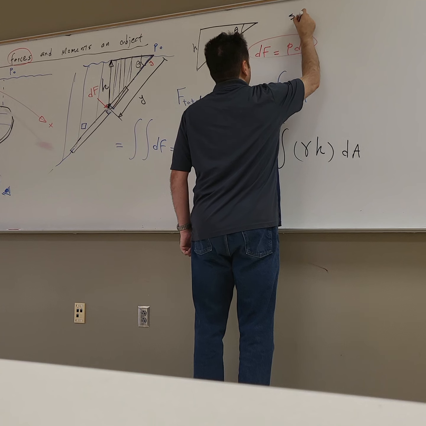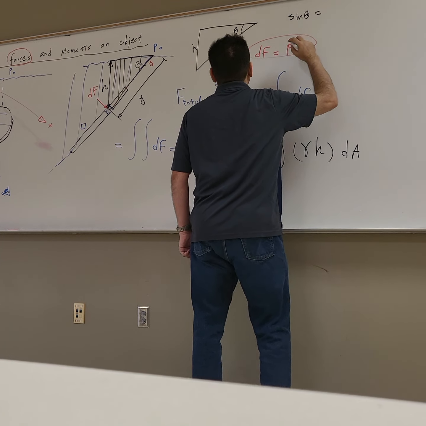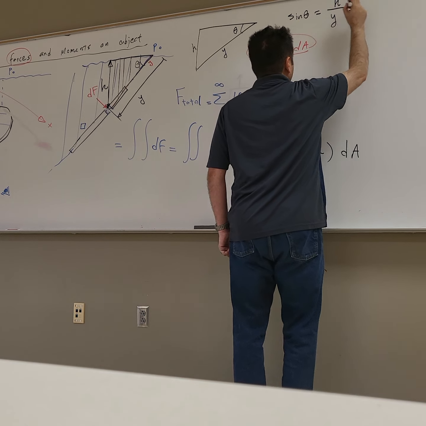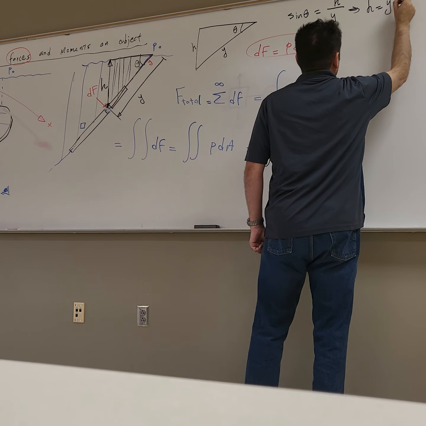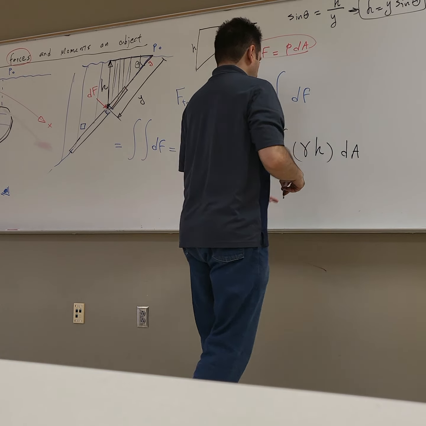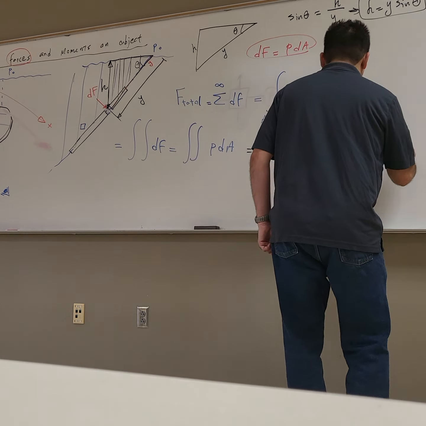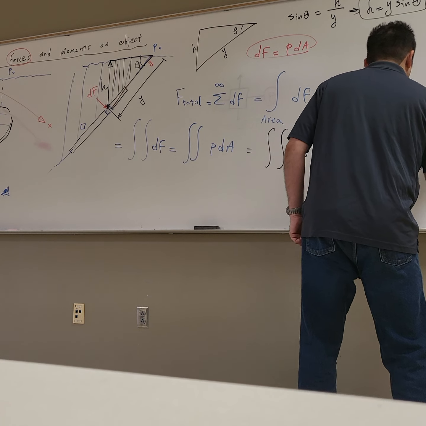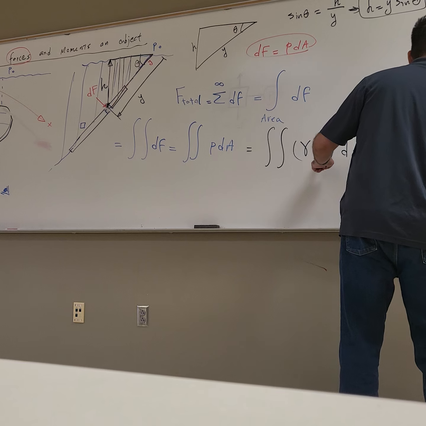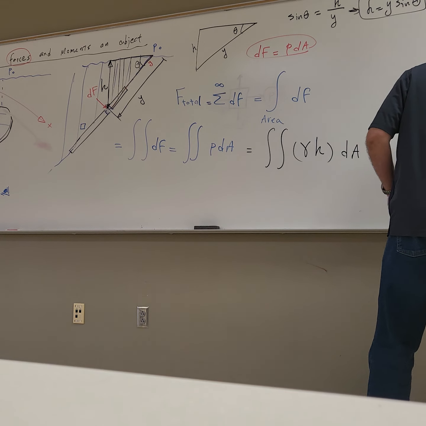If I write sine theta, I get H over y. And if I solve for H, I get y sine theta. Then I substitute here. I get what? Double integral of gamma, and for H you put y sine theta, then dA.